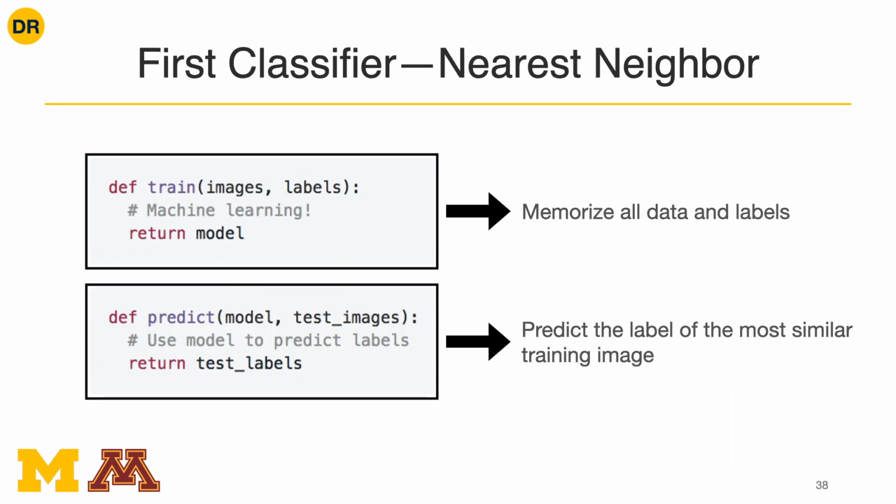The prediction then uses that model with a test set and predicts the labels for these test images. With nearest neighbor, you memorize the training set, and when a new image is given as a test case, you look up and see whether it matches any other images that you've already seen. If so, you just spit out that particular label.